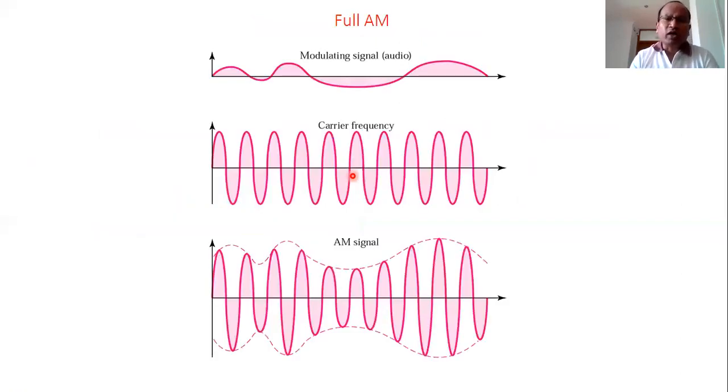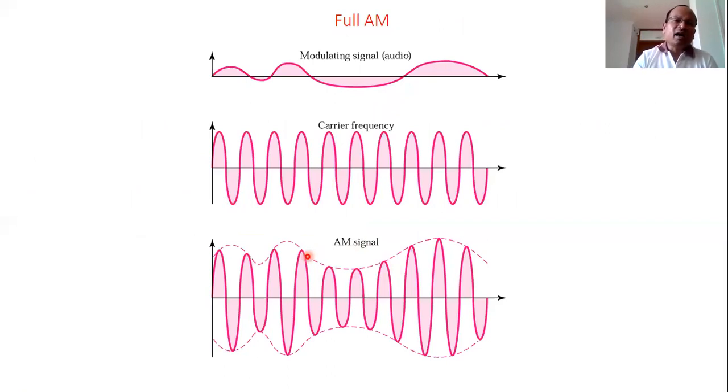Now if you look at the full amplitude modulated signal, the modulating signal, for example an audio signal, is given here, with a carrier signal, a high frequency signal. What is the result? The result is an amplitude modulated wave.